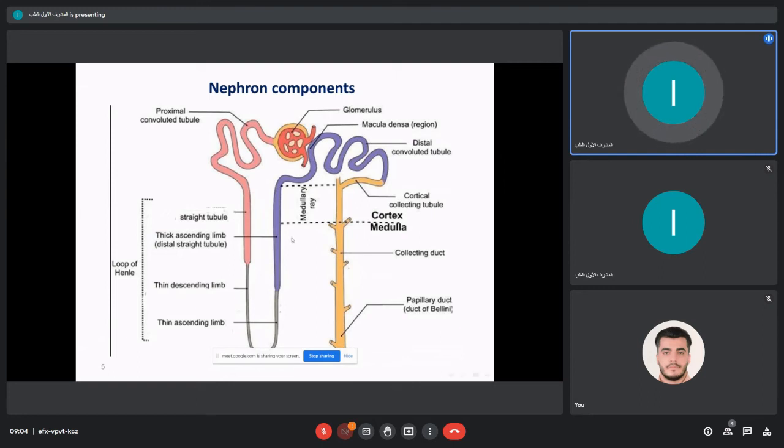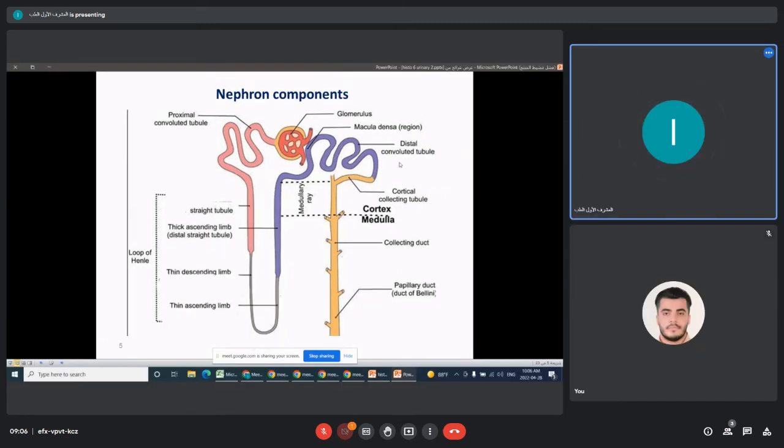The ascending limb here of the nephron enters the cortex, and after the formation of the macula densa here, it becomes tortuous and continues as the distal convoluted tubule. The major function of the distal convoluted tubule is also tubular reabsorption, but compared with the proximal convoluted tubule, the reabsorption here is much less.